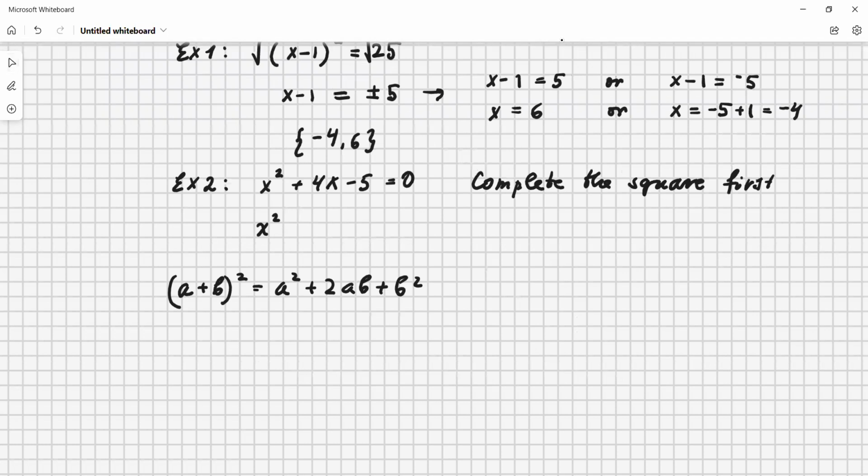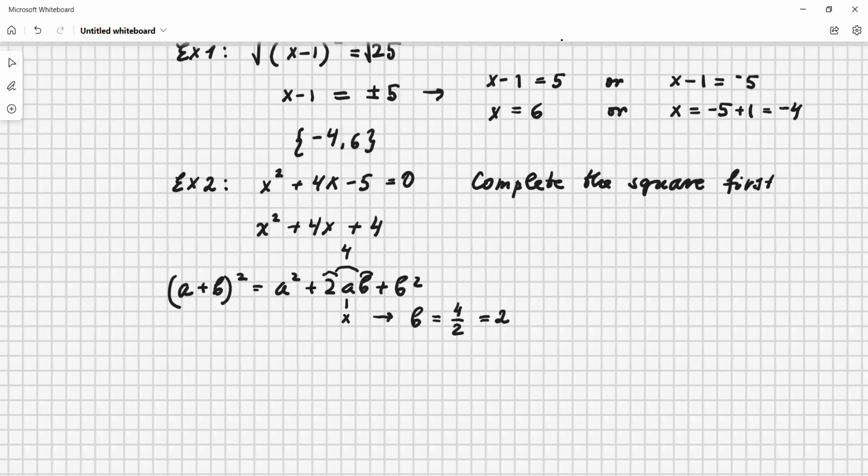Then 4 makes up 2b, so 2b equals 4, from which b equals 4 over 2. So I'm going to have plus 4x. According to the formula, I'll need a b squared. 4 over 2 is 2, so I'll need a 4 here, plus 4.